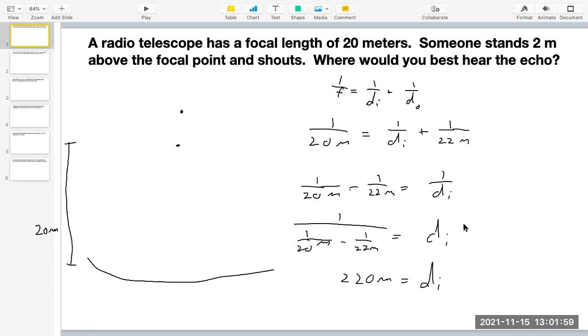So it would be 220 meters away from the bottom of the reflecting pole.